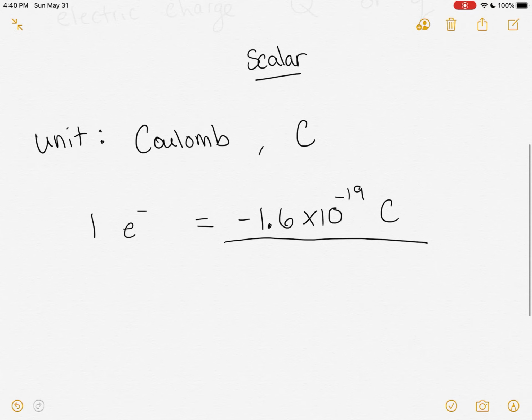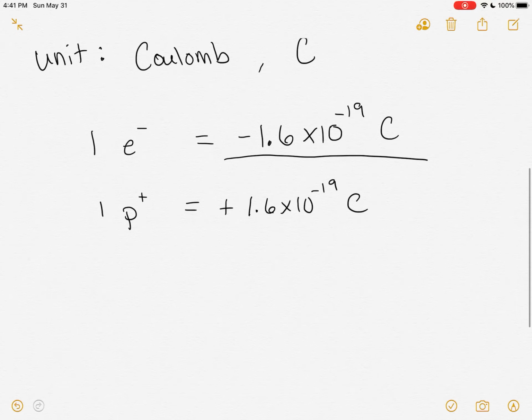What that means is also that one proton is actually positive 1.6 times 10 to the negative 19 coulombs. And so they do actually have the same amount of charge, right? They are 1 to 1. One is positive, one is negative. But when we're talking about how much their charge actually is, in the units of coulombs, it's 1.6 times 10 to the negative 19.